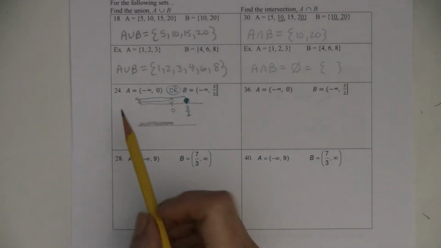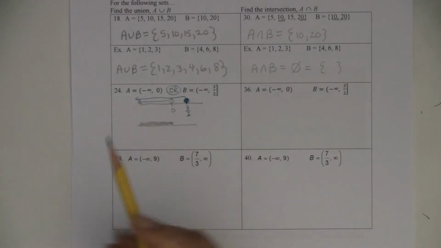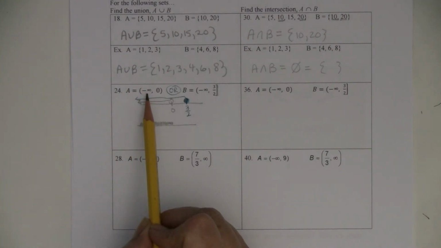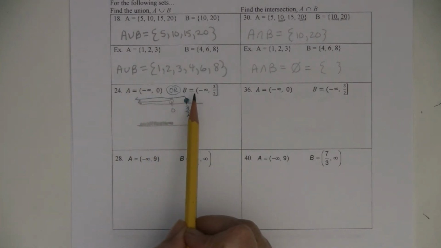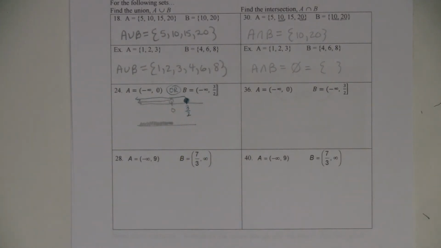Whereas these items over here, like -1 and -2, are getting 2 invitations: A sent them an invitation, and B also sent them an invitation. But they're still getting to go to the party. They're not getting to go to a double party or anything like that. So there's nothing too special about them.